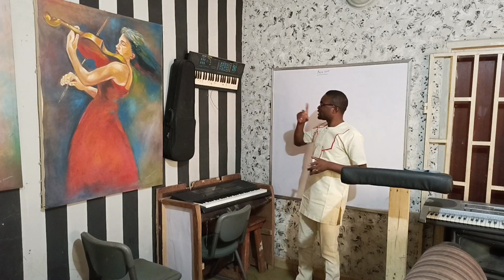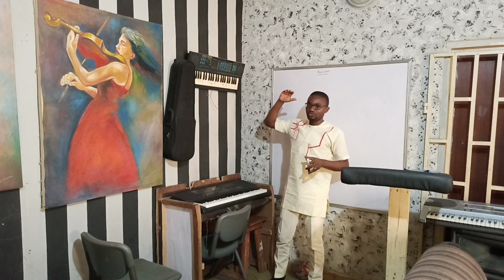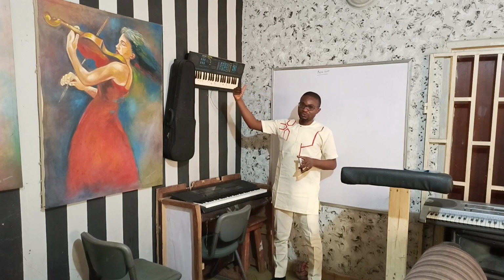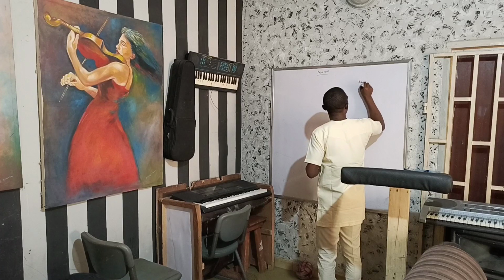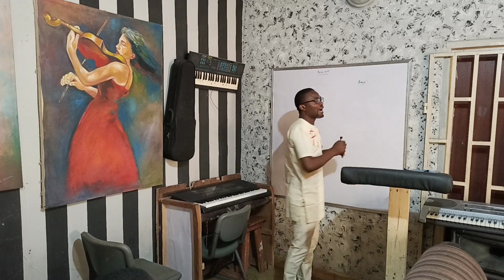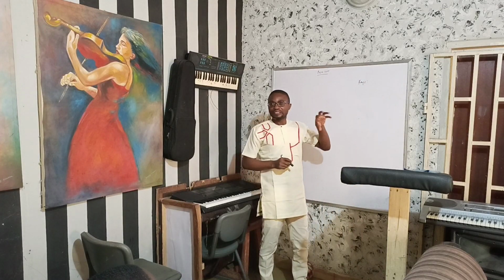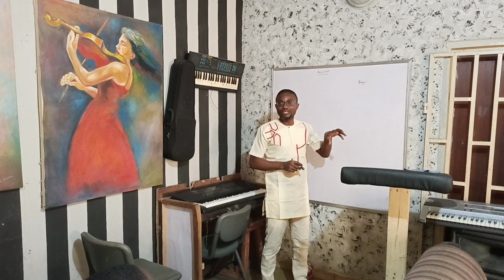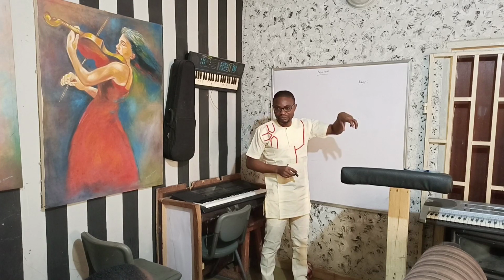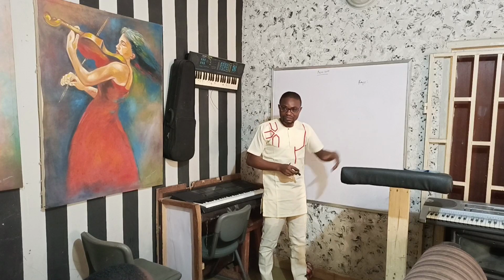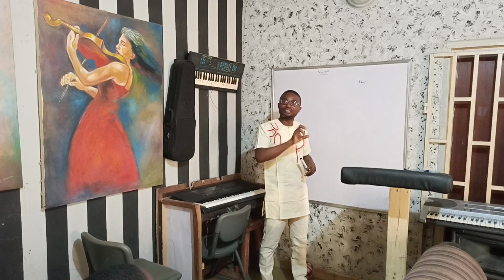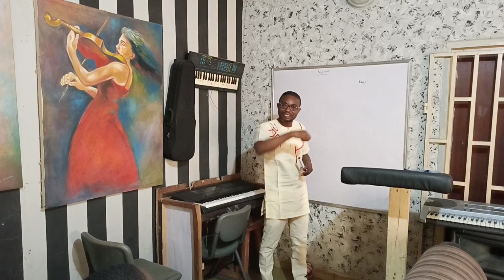Like we said, the first thing to note is that every instrument contains musical keys. Musical keys in themselves are only symbols, they are representations. A musical key is not in itself the sound. For instance, the key C is not in itself the sound, it is the representation of a particular sound.